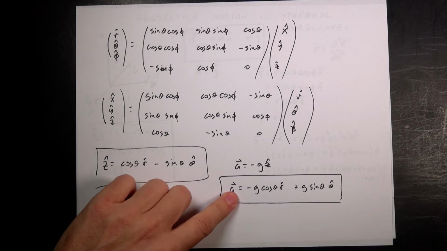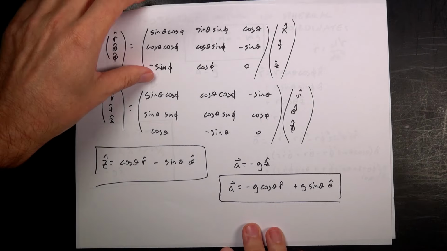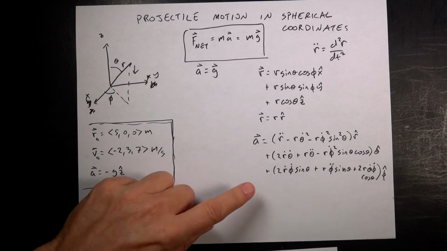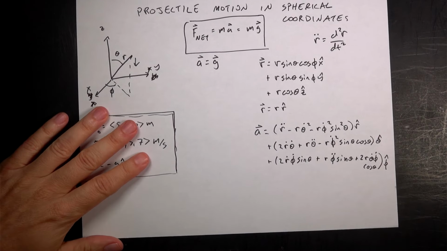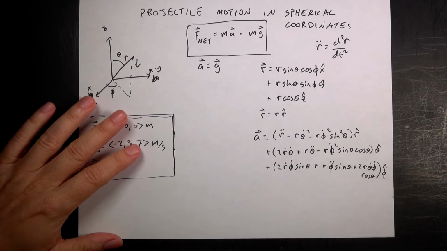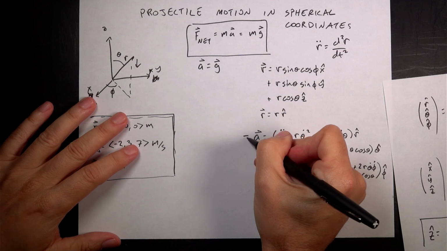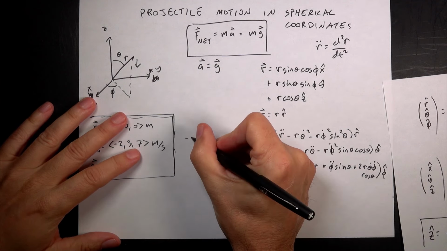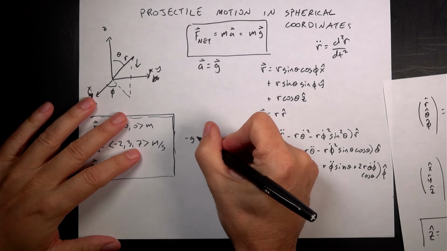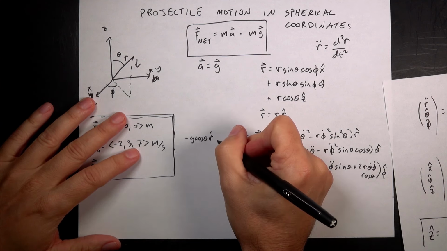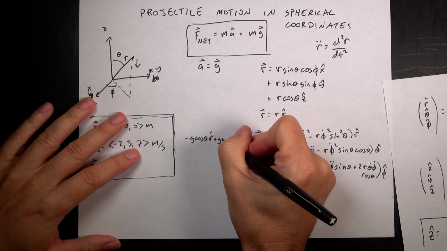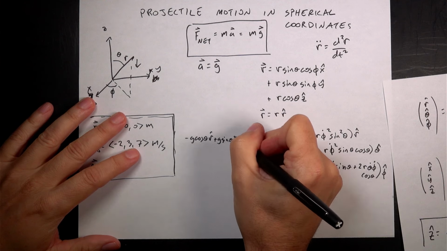So now let's take this acceleration and this acceleration. This is the acceleration in coordinate terms, and this is the acceleration in terms of, let me write it over here, negative g cosine theta r hat plus g sine theta theta hat.